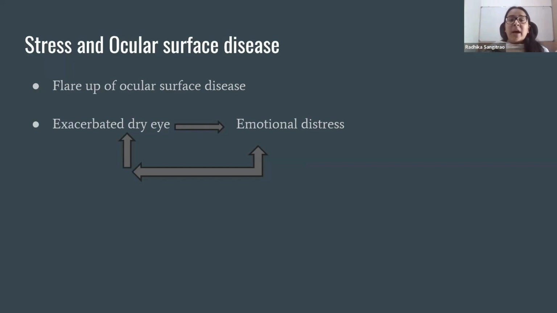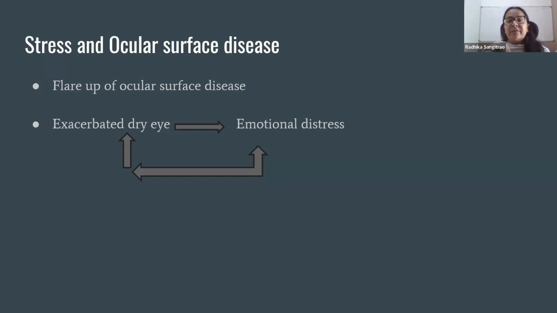There is redness in the white part of the eye. That is all inflammation. This inflammation can cause the white layer of the eye to shrink and fibrose, and because of that the surface of the eye is not smooth. It gives you pricking, redness, watering, and you're uncomfortable. That is called ocular surface disease.